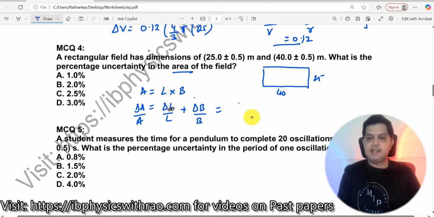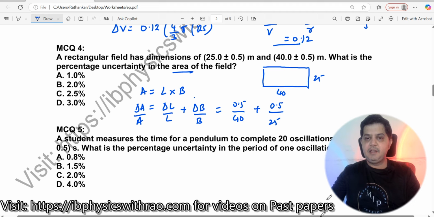Okay, what is delta L by L? Delta L by L is 0.5 divided by 40, plus delta B by B, which will be equal to 0.5 by 25.